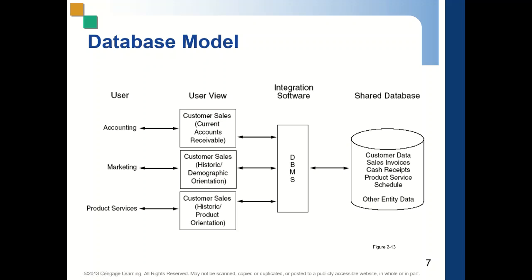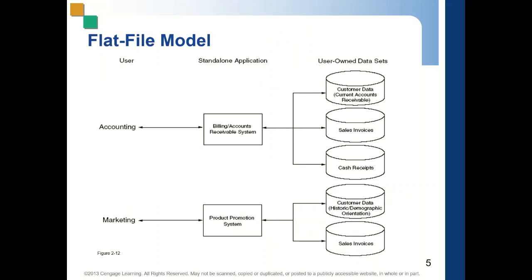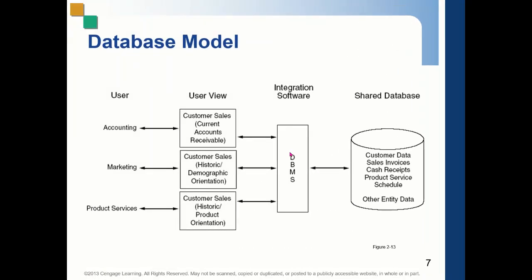So conceptually, it looks this way, but in practice, you are free to arrange the architecture whichever way you feel would be beneficial to you. So not only are you saving in terms of storage, in the sense that your data is in one place. Remember, in the flat file model, your data was in several places, so you were forced to buy several disks because of that. But in this case, you can now use only one disk.